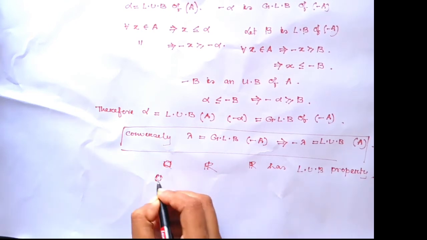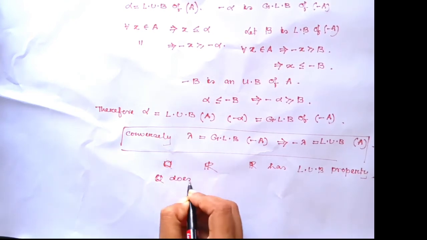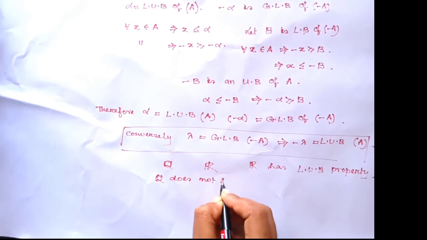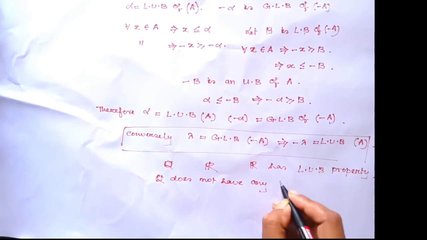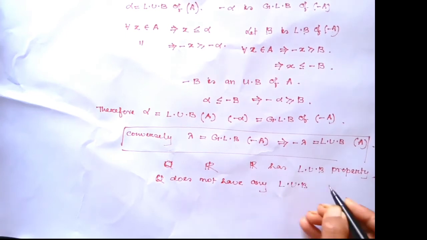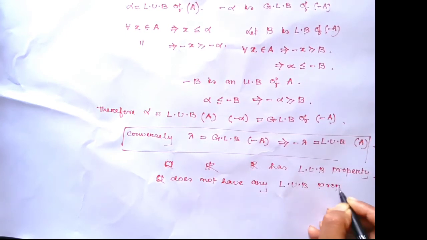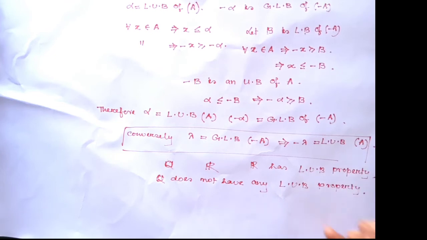Q does not have any LUB property. Okay? Why? Just think.